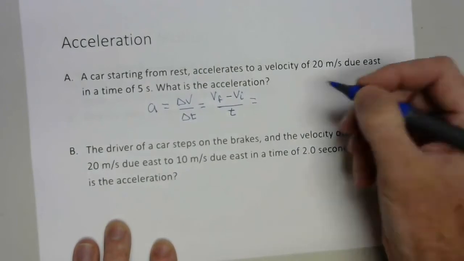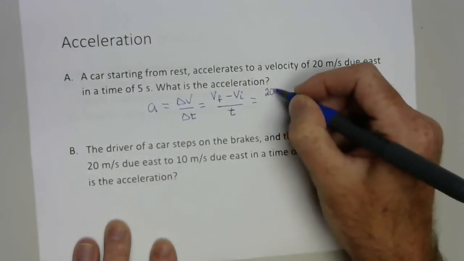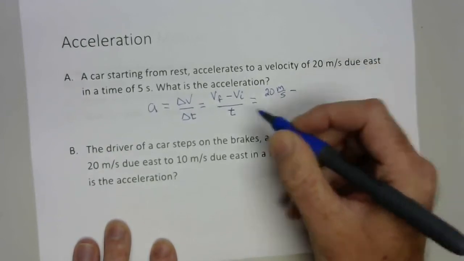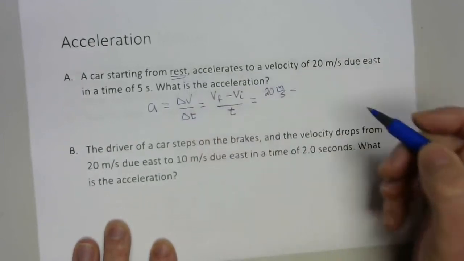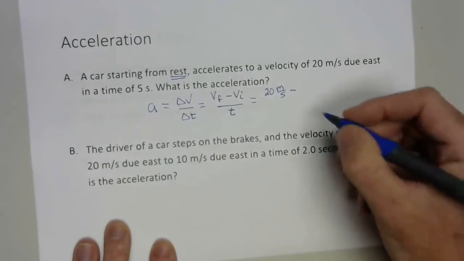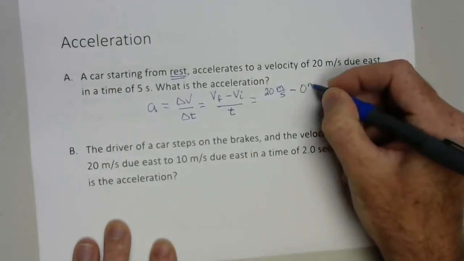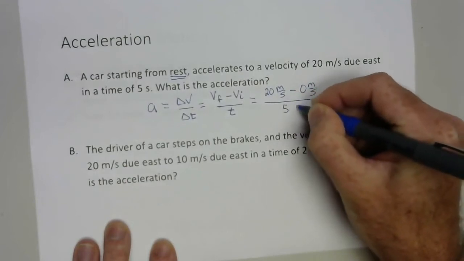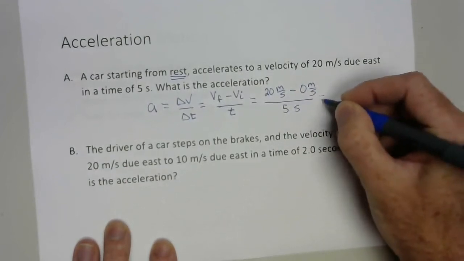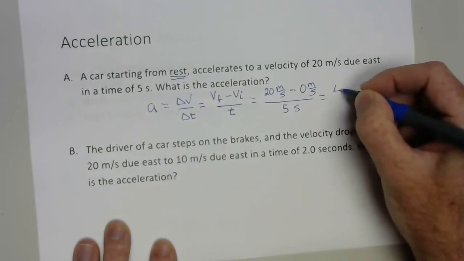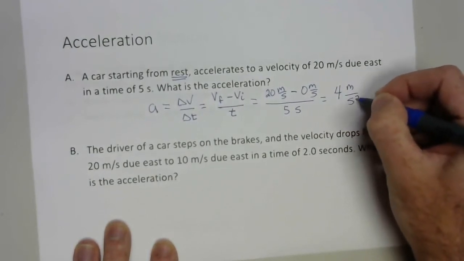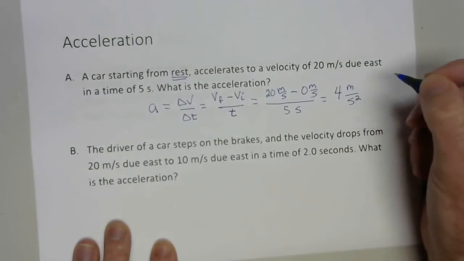So we're going to say 20 meters per second minus, no, it says from rest. That means it wasn't moving initially. So that's 0 meters per second over the 5 seconds it took to accelerate. So that's going to be 4 meters per second squared, and that would be your answer.